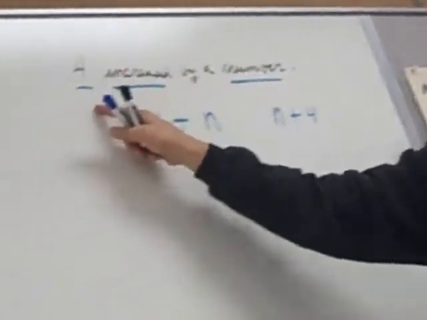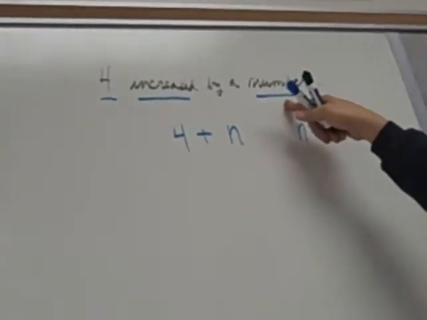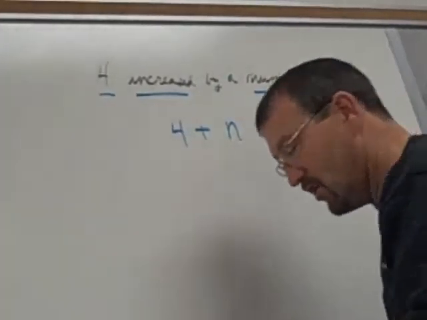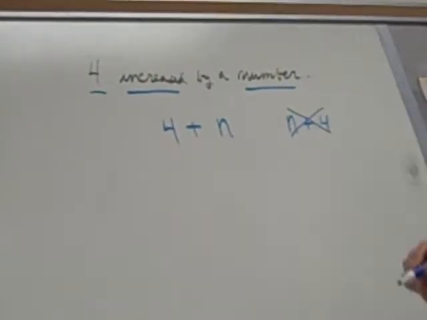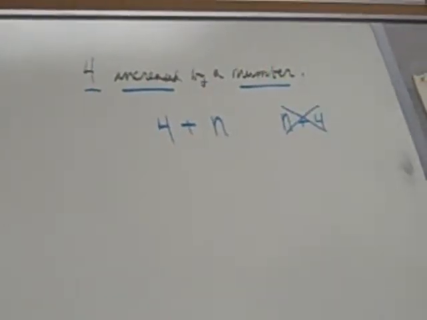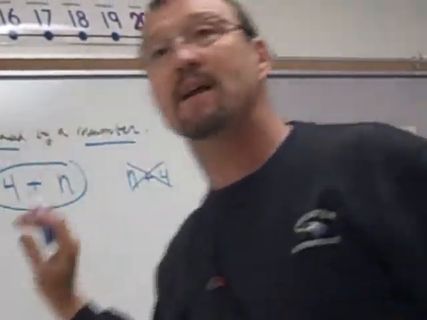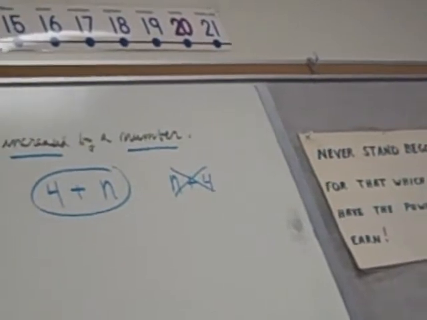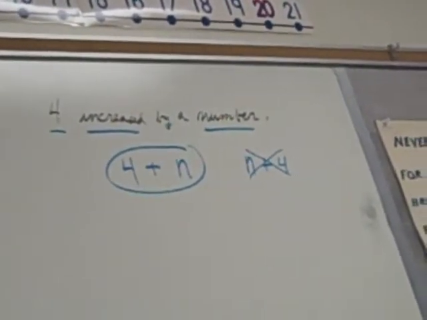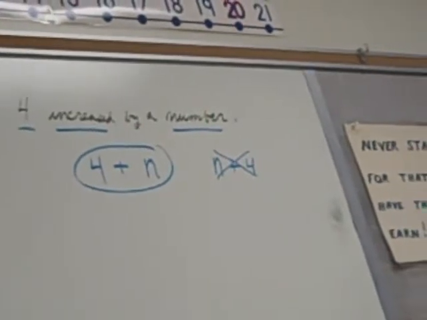You must have the 4 before it gets increased by a number. So it goes first. Technically, this is incorrect. Mathematically it is fine, but technically it's wrong if we're trying to write a statement from English words. Okay? And we're going to be specific like that.